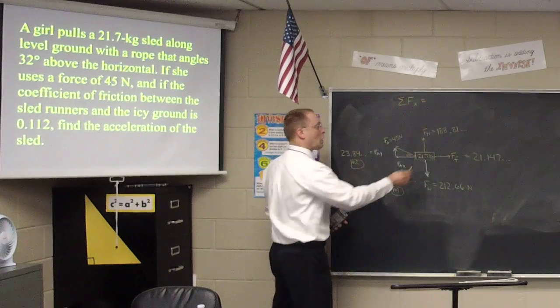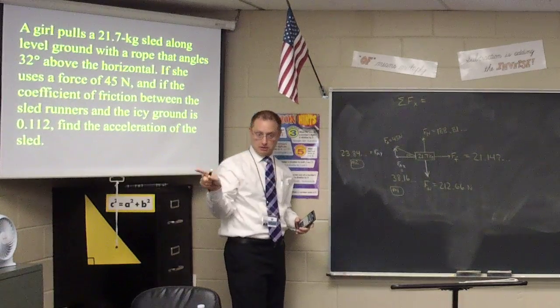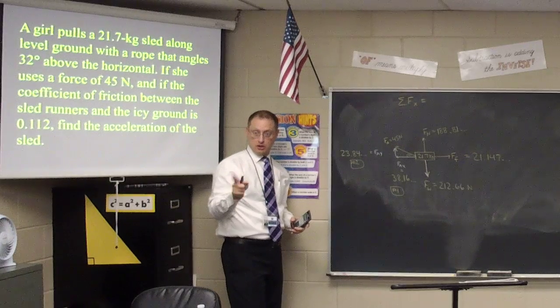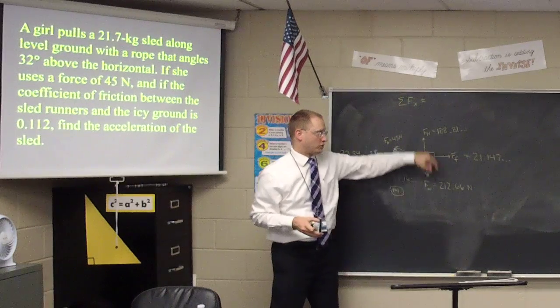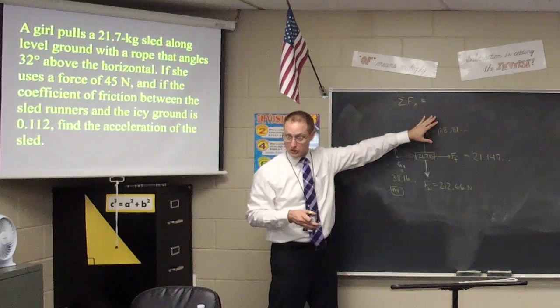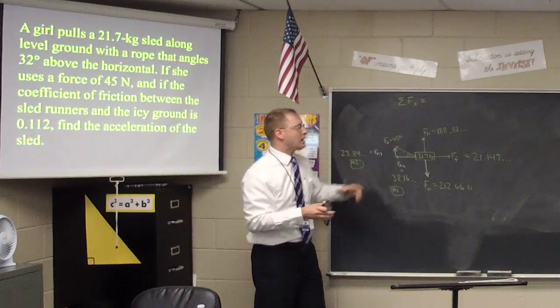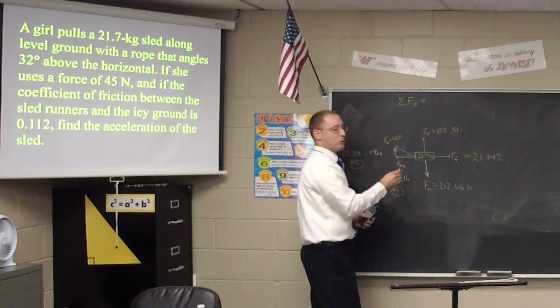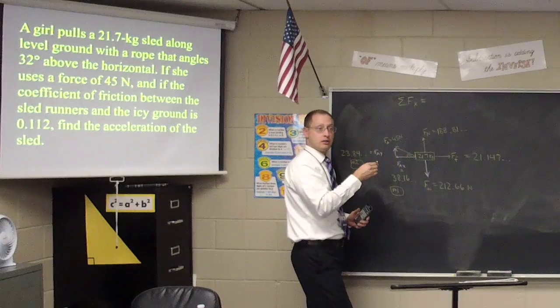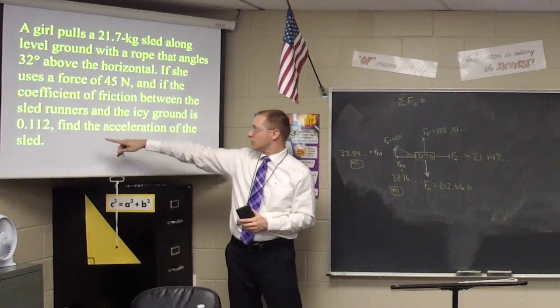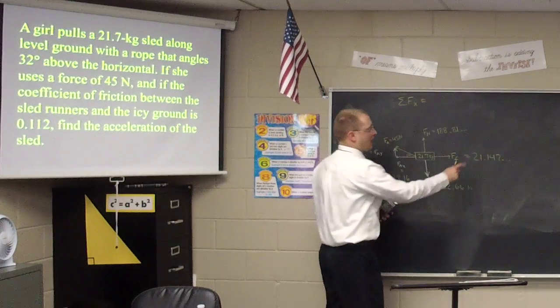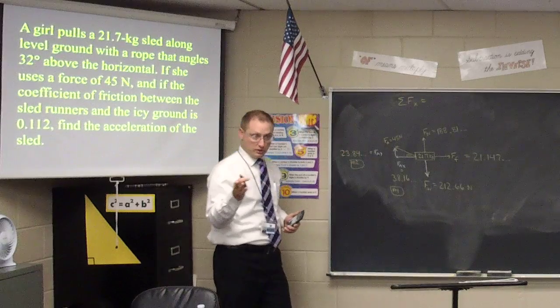Did we get a smaller normal force than weight? Or was it small? I mean, I know the number here was wrong, so this number would be wrong, but was it smaller at least? Yeah. So you did the correct process, okay? And then we should take the normal force, class, multiply it by the coefficient of friction, and we should get 21.147.